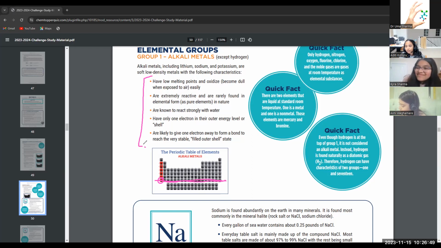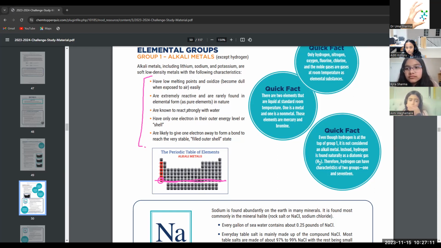Okay, fine, no problem. So can I say alkali metals are the biggest atoms of their respective periods? They have the lowest ionization energy, and they have the lowest electronegativity also, right? And they are the most reactive metals because they can lose electrons easily.